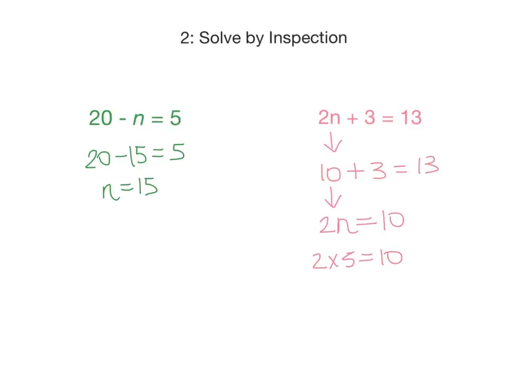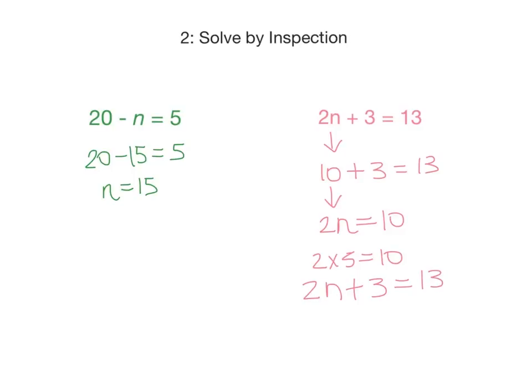Now, we need to check to see if this 5 makes this equation true if we substitute the 5 instead of the n. So if we rewrite our equation, 2n plus 3 equals 13.